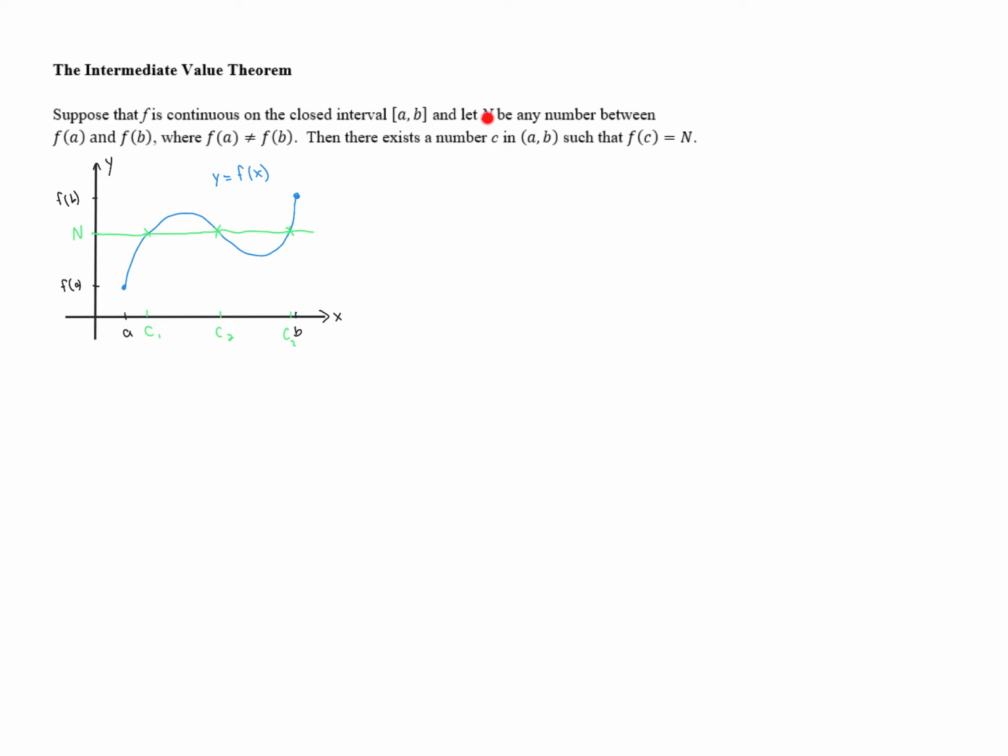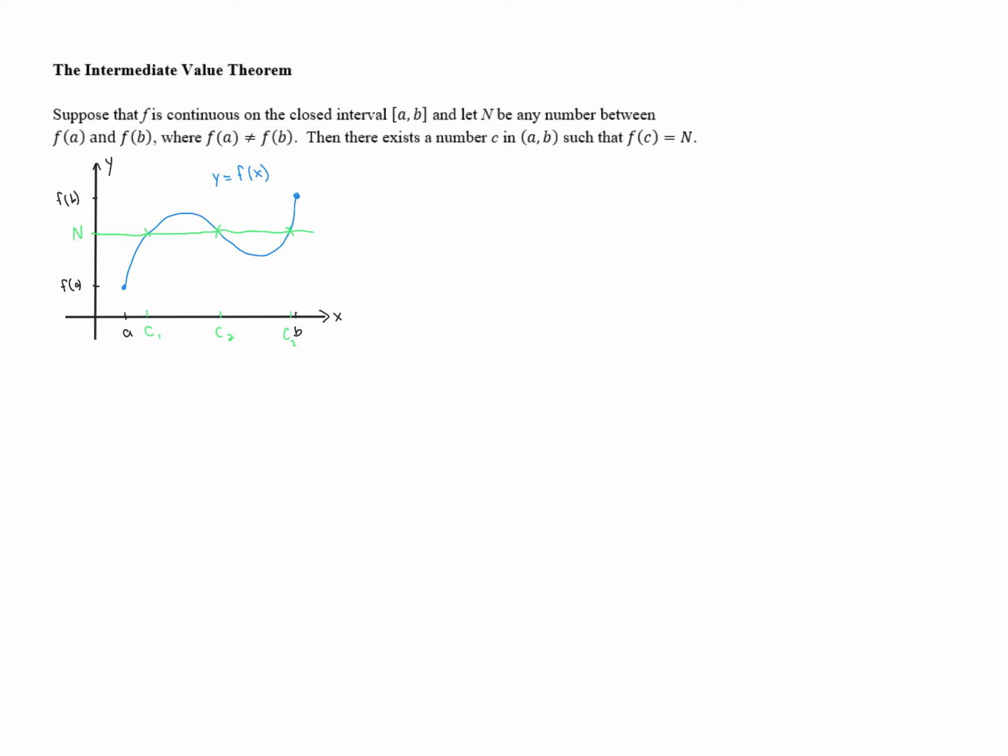It doesn't say there's only one number c. It says there exists a number c. So there's at least one value that has a function value equal to N. Basically, this means there's not going to be a gap. We would need a discontinuity to skip a certain function value between f of a and f of b.